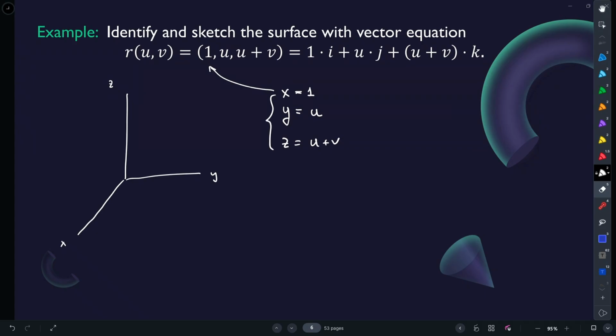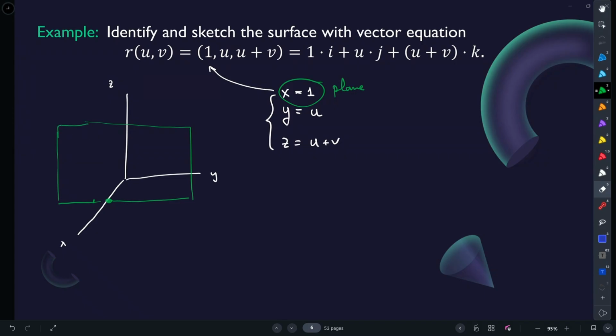And since x is equal to 1, every single point of this surface has to be in x equals 1, which is the equation of a plane. That is the plane where all the x coordinates are 1. So let me draw it like so.